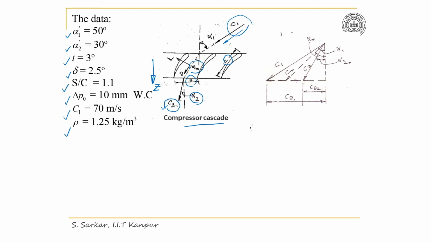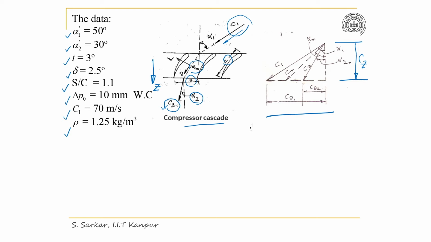where Cm being the vectorial mean velocity. Now, I have superimposed here the velocity triangle, both inlet and exit velocity triangle. And look, this is the axial component of C, which is Cz. Cz at inlet and exit must be the same, as the mass flow rate remains constant.